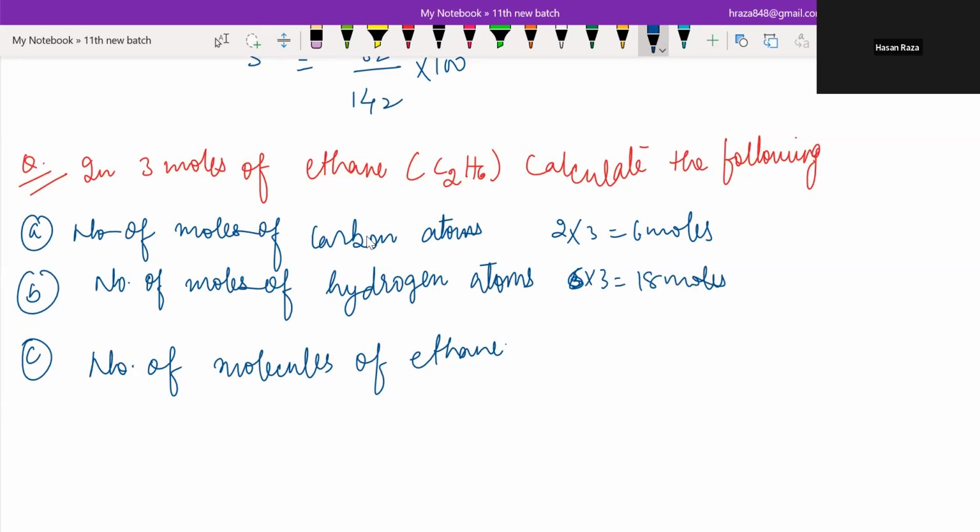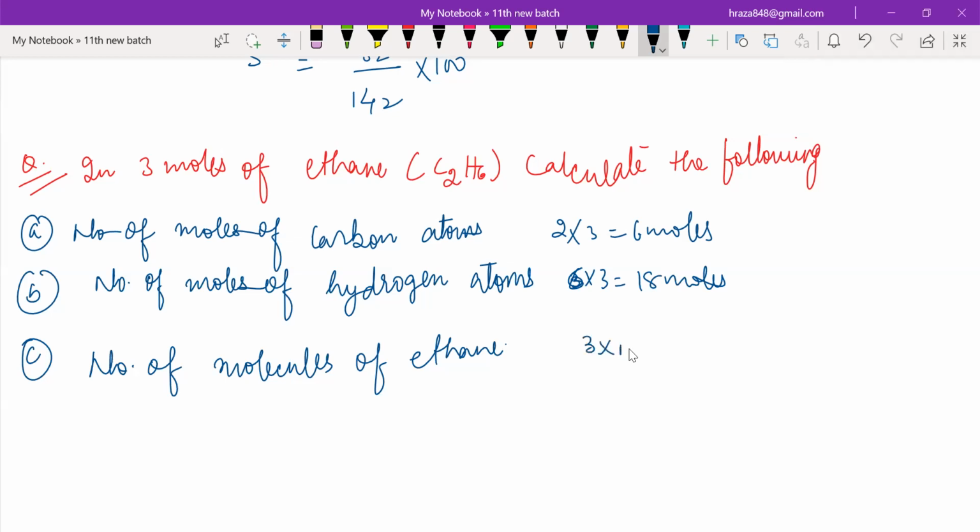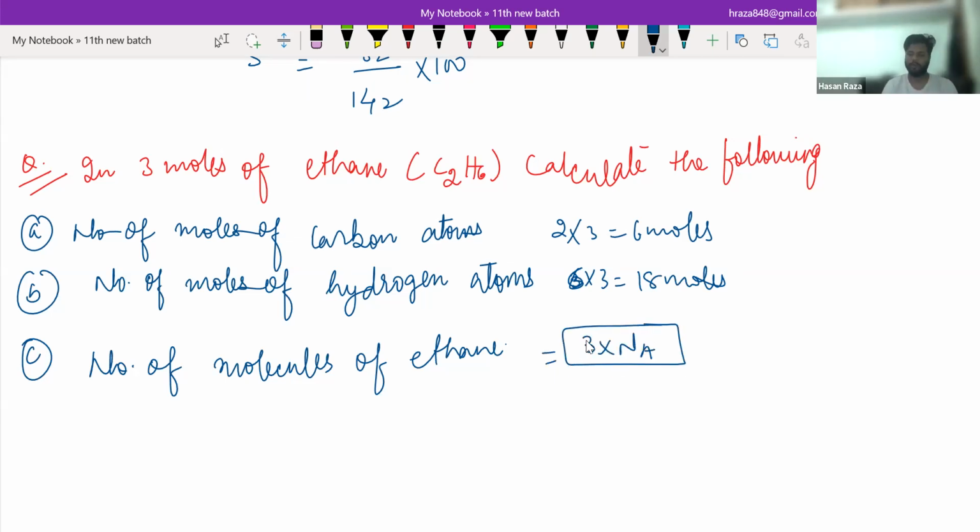And then number of molecules of ethane is 3 into Na. Very good. This is the number of molecules, right? Yes. Very good. So these are basically basic questions from NCERT.